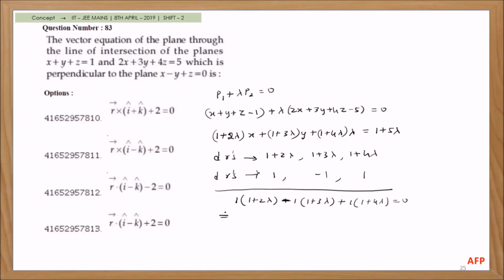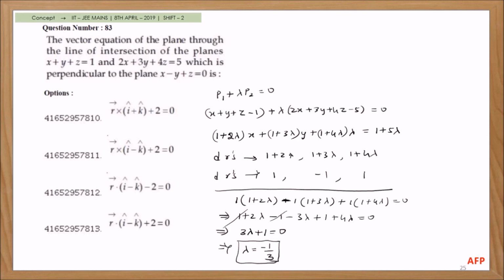So we simplify: 1 plus 2 lambda minus 1 minus 3 minus 4 lambda is equal to 0. What is the lambda value? Minus 1 plus 1 cancels, so we get 3 lambda plus 1 is equal to 0, so lambda is equal to minus 1 by 3.